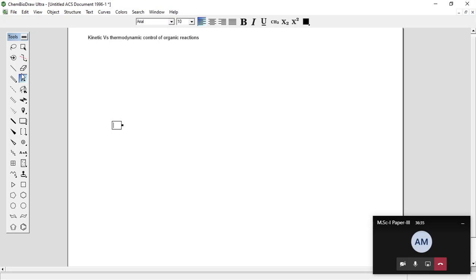of an organic reaction. Now let me draw this reaction in ChemDraw.